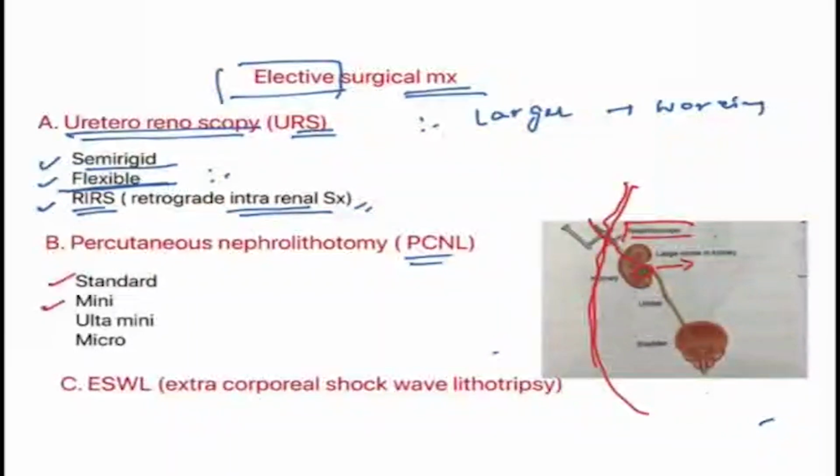There are four types of PCNL. One is standard, then mini, then ultra mini and micro. In all these the size is decreasing, so the benefit is that the blood loss is decreasing, but larger stones cannot be removed.